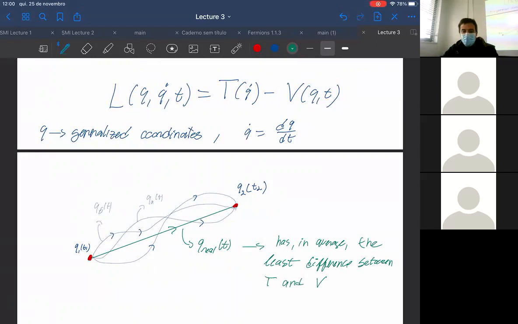Or the most. It's an extreme. For example, on a sphere, the shortest distance point can be either this or the other way around. Yes, and in that case, it's the most. So that's why what we need to do is extremize the action. It's not necessarily minimizing. That's a very good example.